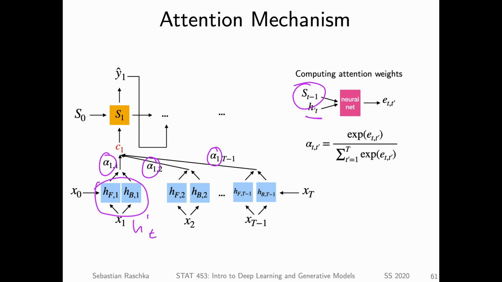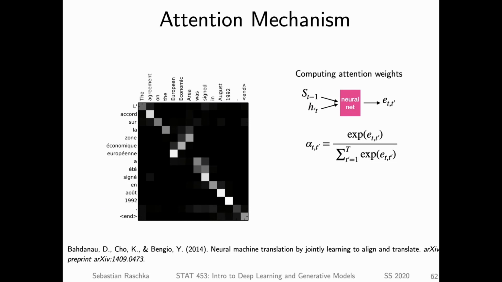And they use a neural network, which, for example, could be a multi-layer perceptron. This will produce a vector e. This e is then computed for all the positions here, so you would have one of these e's for each position. Then these e's are normalized using the softmax function, such that when you sum them, they sum up to 1.